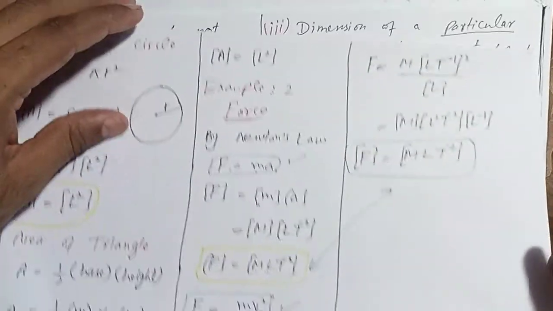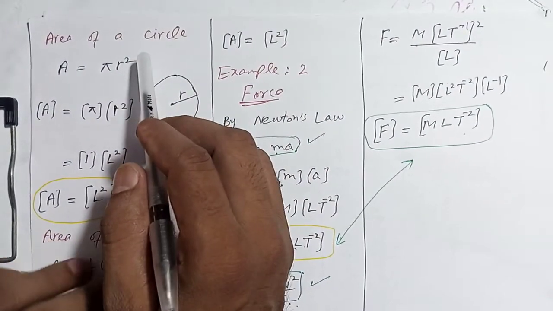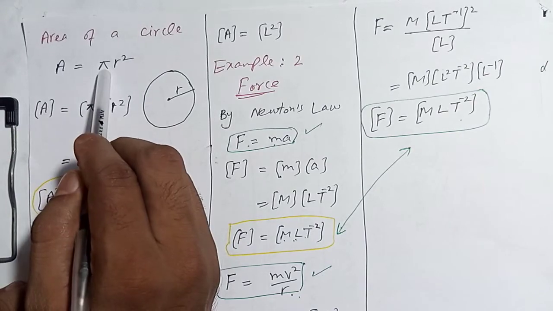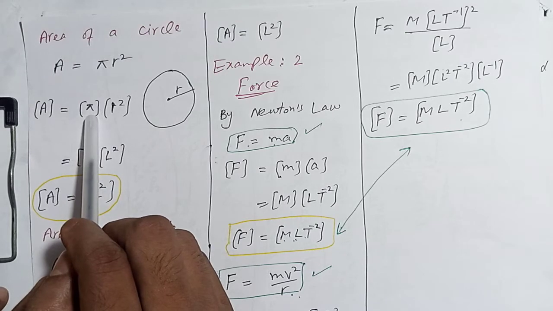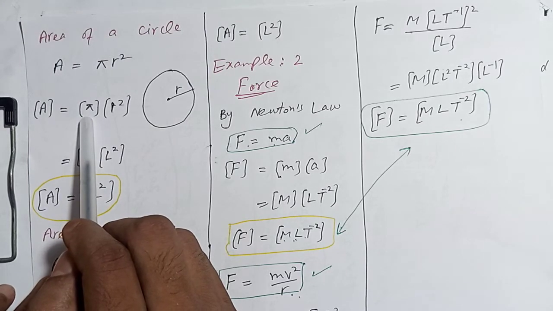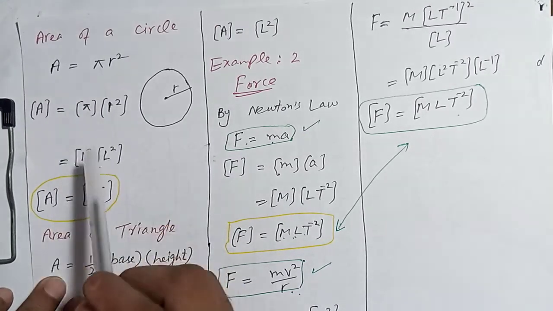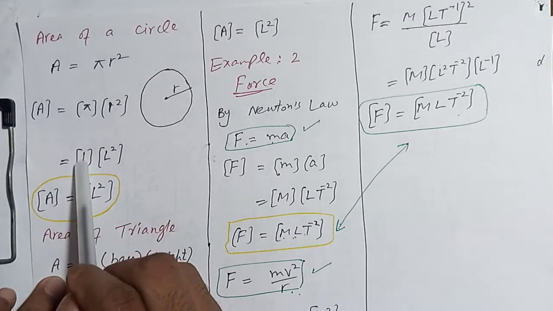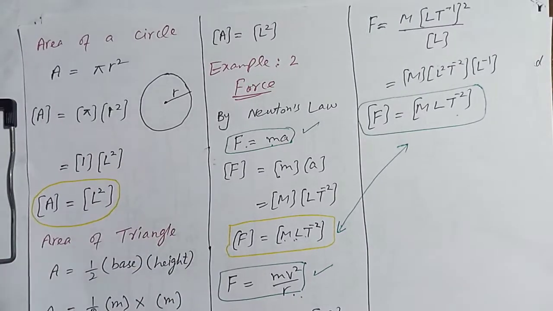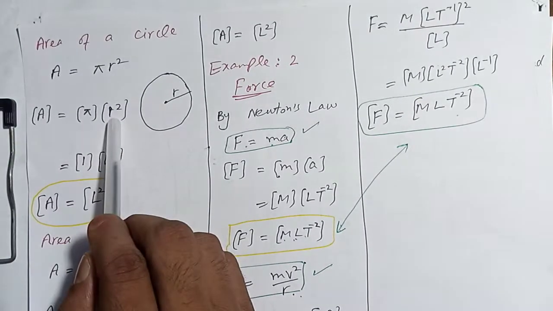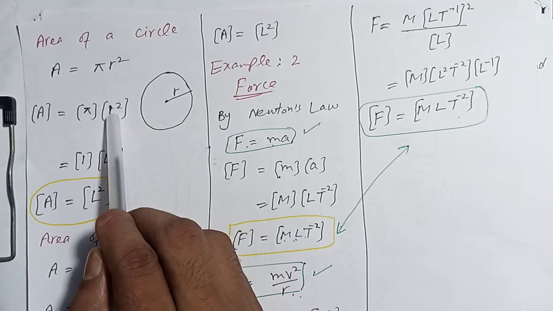And in case of a circle, the area of a circle is calculated from the formula A is equal to pi r square. Pi is a number, and a number is not a physical quantity. So this pi is dimensionless, and the dimension of pi is represented with 1. R is the distance, that is the radius. It is measured in meters, which is length.